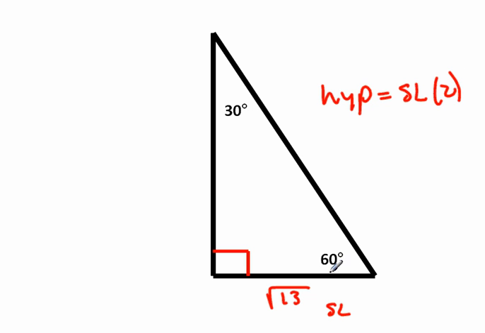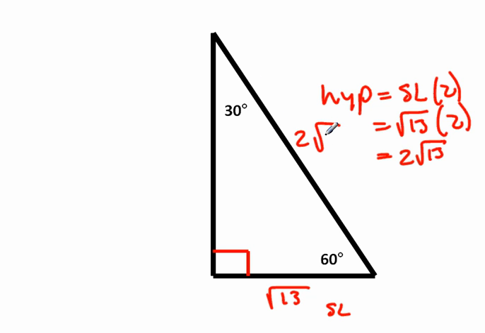So in this example, again, we know that the hypotenuse is the square root of 13 times 2. And again, 2 isn't under a square root, so this ends up being 2 times root 13. So our hypotenuse is 2 times square root 13.